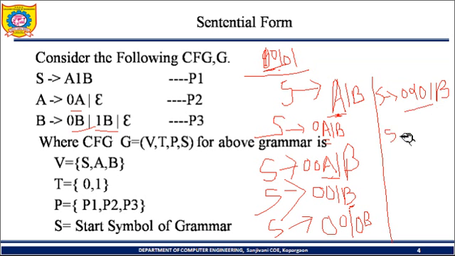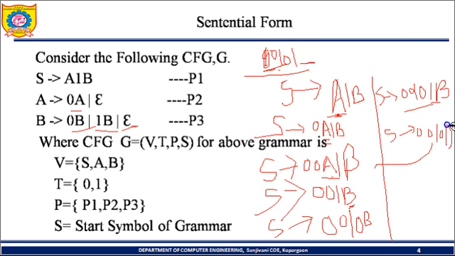Finally, all the symbols in the derivation of the string should be terminals. Terminals are shown by using small letters or digits, but here one capital letter is there. We should replace it with something, but we don't want anything after 1. So we should replace that with its production epsilon. So it will be 0 0 1 0 1, and now B is replaced with epsilon.